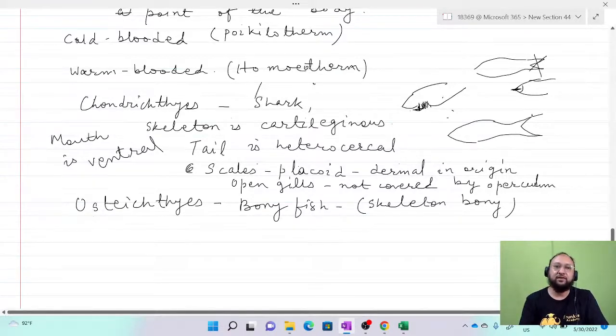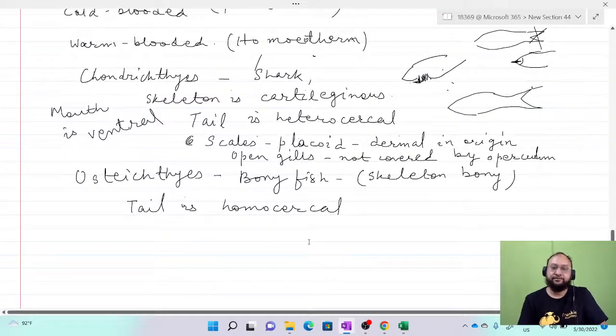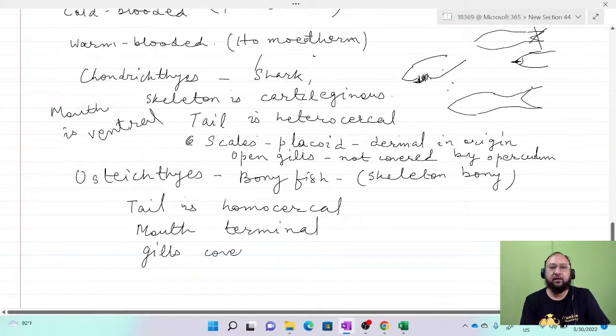Okay, open gills. Now, just opposite to that, in bony fish the tail is homocercal, the mouth is terminal, and gills are covered by operculum.